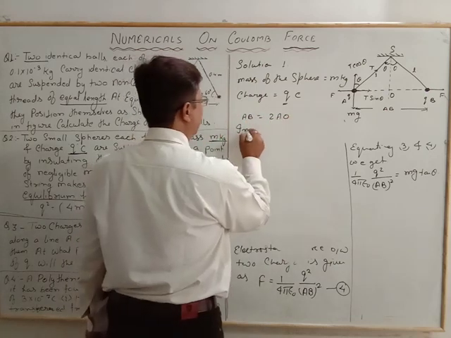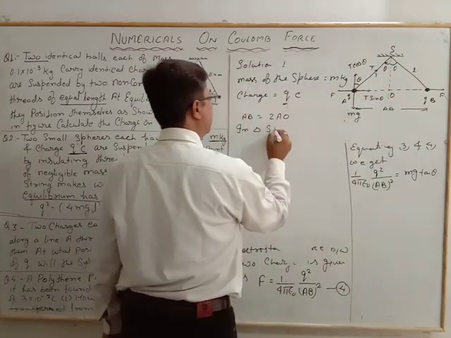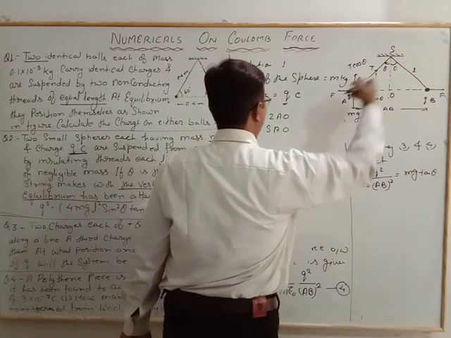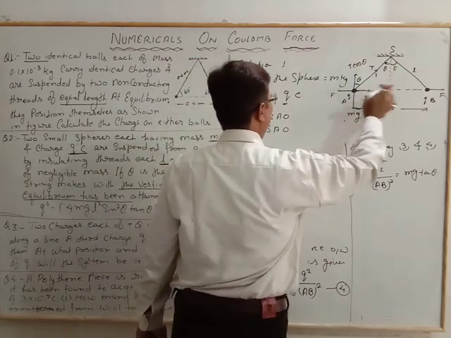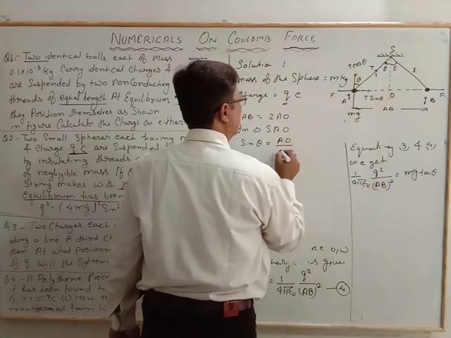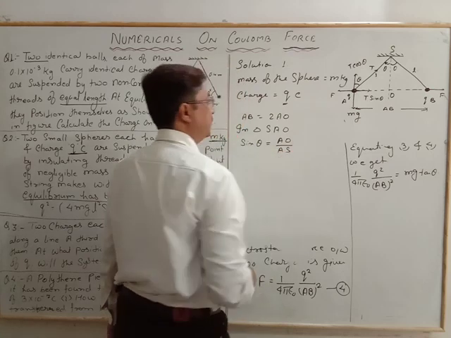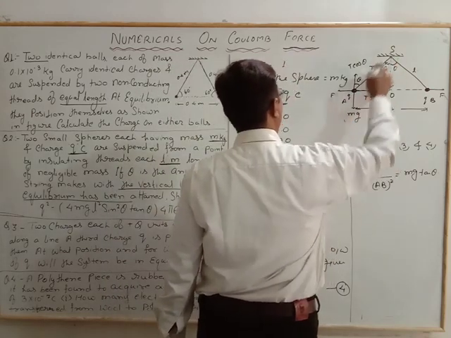In triangle SAO, sine of theta is equal to AO by AS, and AS is the length L of the thread.